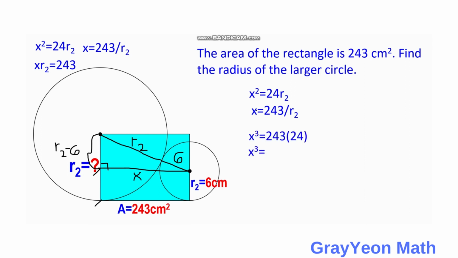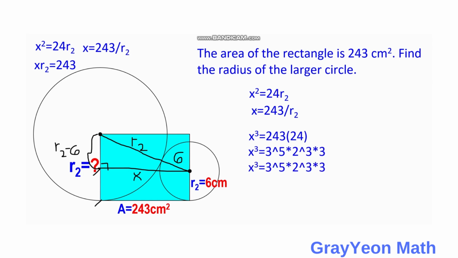We can write 243 as 3 to the 5th power, and 24 as 2 to the 3rd power times 3.